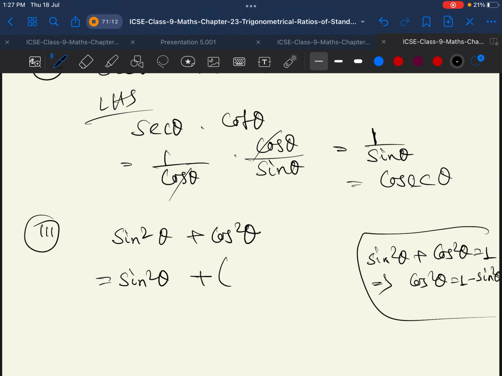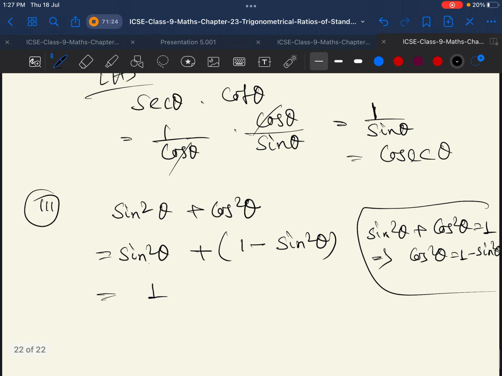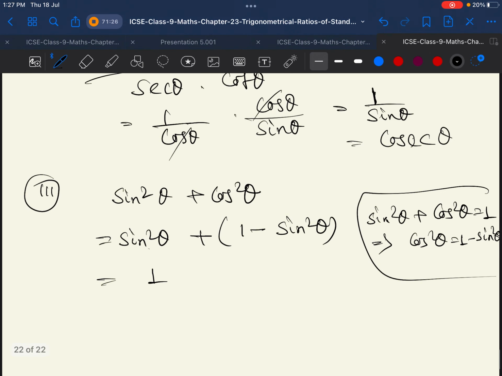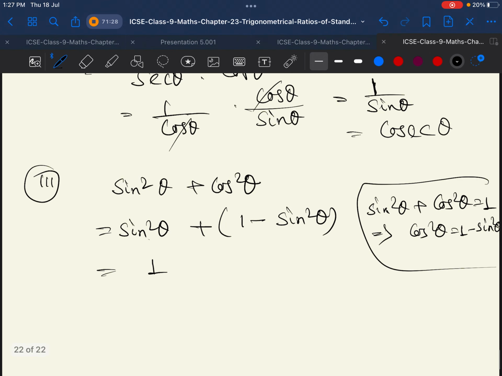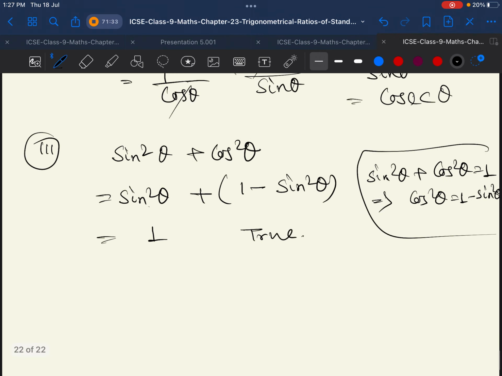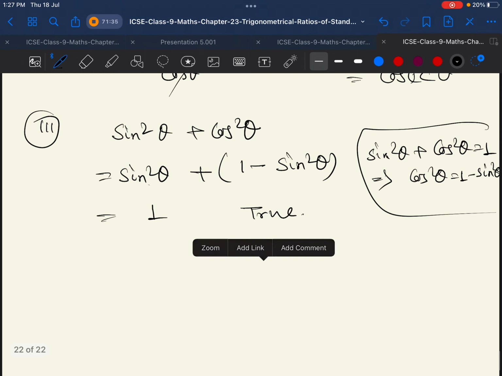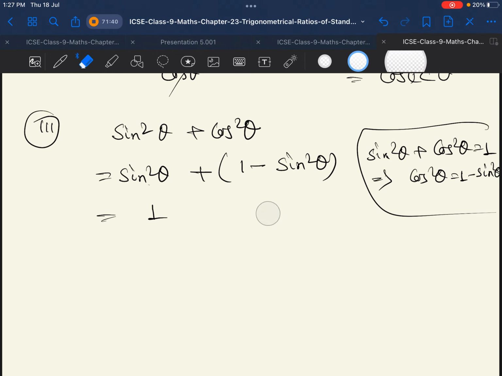We know this law. So here we can write 1 minus sin square theta, so sin square theta minus sin square theta cancels, so we will get 1. So this is true. Sorry, this is 1. We have to prove this will be 1.